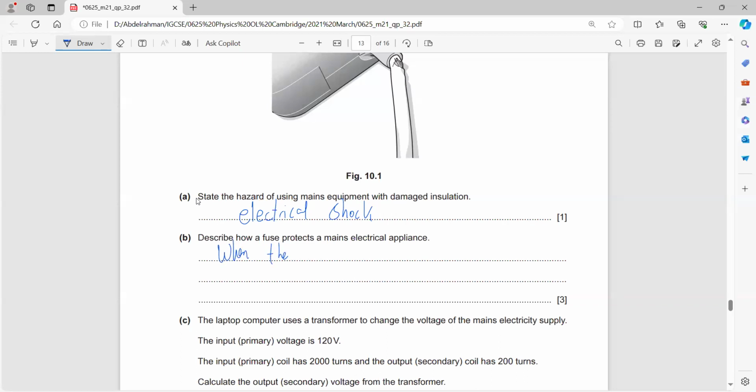Protects the circuit from what? From overheating. Overheating, thank you. Okay. When the current increases, the fuse melts, protecting the appliance from overheating.